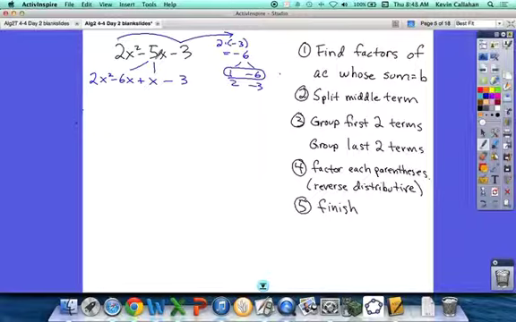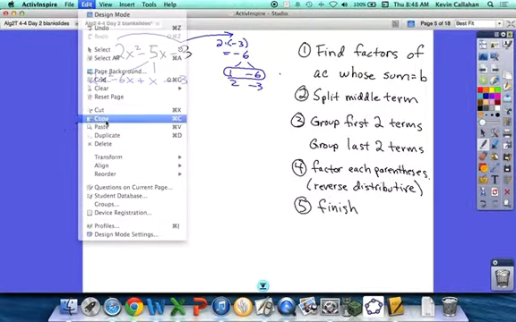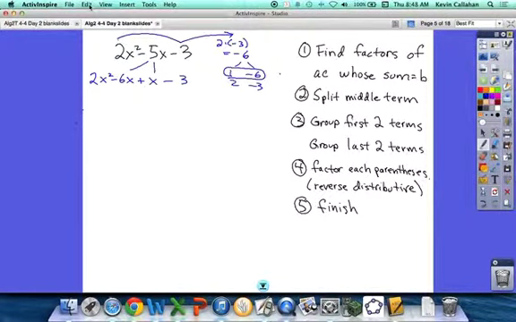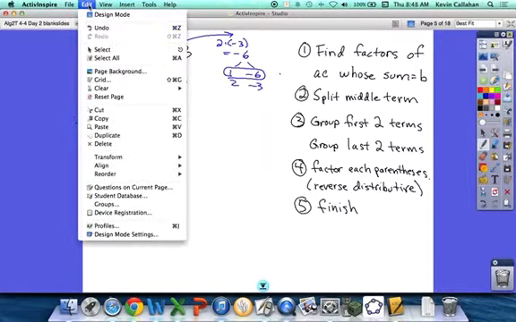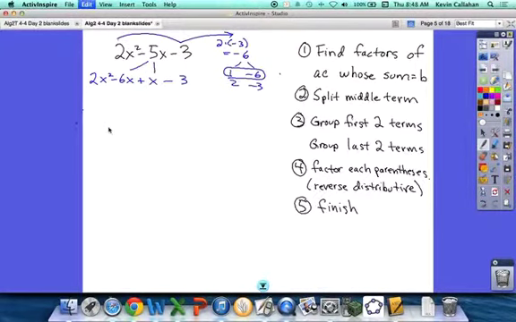Okay. The next step, right? I'm going to do something here. Edit, copy, edit, paste. Okay. The next step says group the first two terms and the last two terms. Okay. So put in parentheses 2x squared minus 6x.